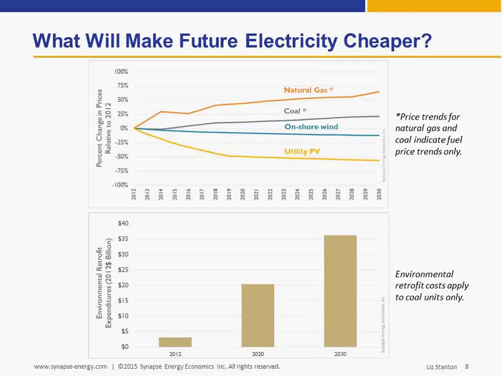So we're adding a lot of renewables in the clean energy future. We're also adding a lot of efficiency measures. And the result of adding those measures is that a lot of coal retired. In that way, we don't have to pay for environmental retrofits that federal regulations other than the Clean Power Plan now require of coal.